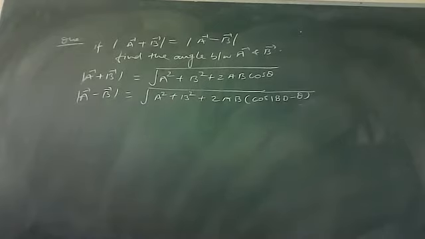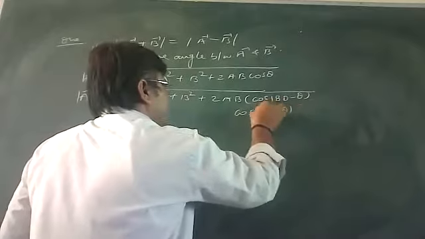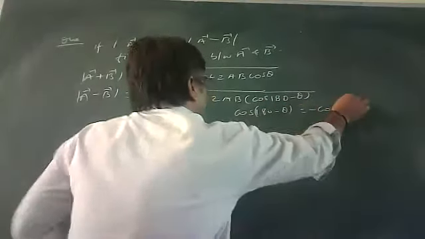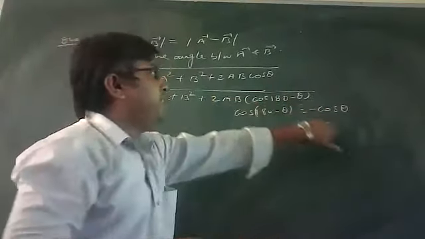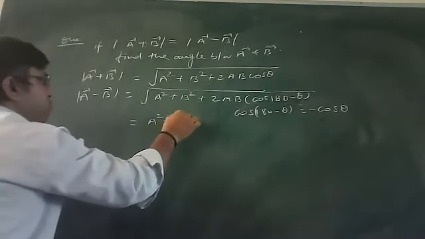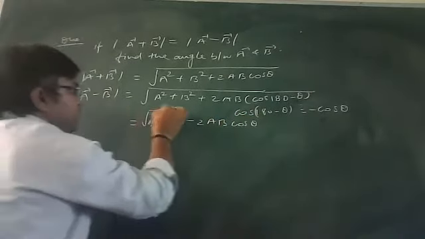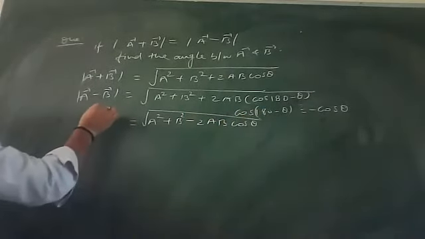I hope you all know that cos 180 minus theta can be written as minus cos theta. So I can substitute this, then you will get a square plus b square minus 2ab cos theta. This is the modulus of a vector minus b vector.